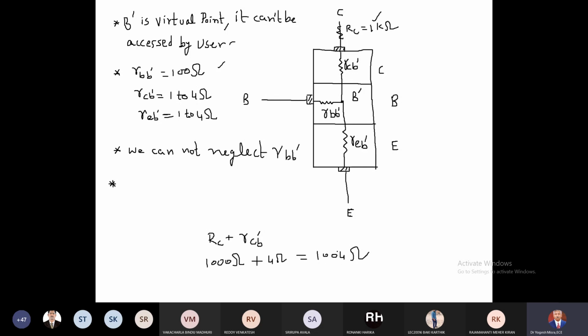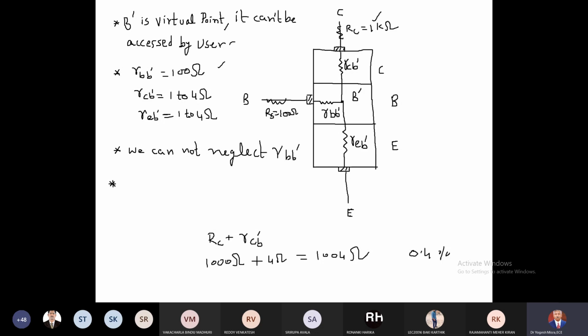So this RC of 1000 ohm has now become 1004. This is not a huge variation, right? It is only 0.4% change. So this change can be neglected. That's why we can neglect R_CB'. Whereas if you recall in the base, if the value of Rs is 100 ohm, the effective resistance here will become 200 ohm because Rs is 100 and R_BB' is also 100.